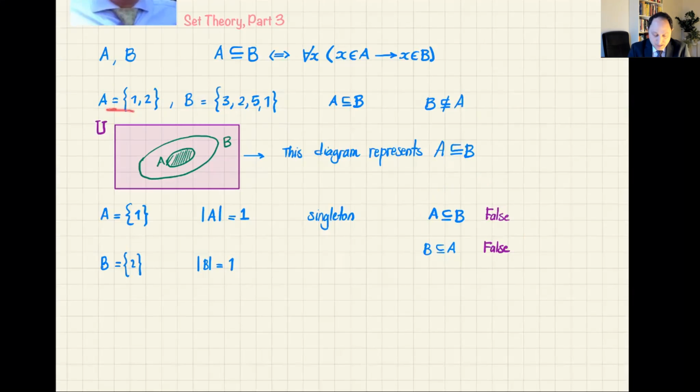I would say this set is inside B, or is contained in B, and B contains A, or A is a subset of B. But for some other sets, the comparison is not possible. So that's one main difference between this relation among sets and something somehow similar to it in the world of numbers.